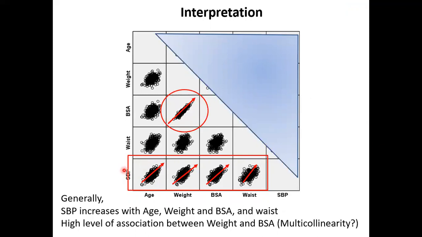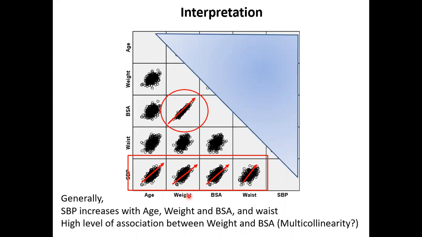So look at the last row. The vertical axis is BP, SBP, this is age, weight, BSA, and waist. So this particular scatter is for age versus BP. So you can see, the older the person, the higher the BP. Looks like there is a positive association.